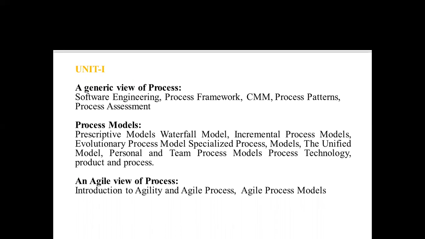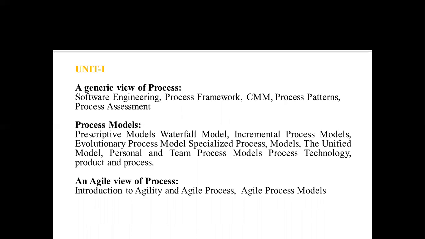You're going to learn the software engineering process framework, the CMM model, and process patterns. Within every process you're going to have different patterns, that is, different techniques that can be used to achieve a particular software. Then process assessment, how you're going to assess a particular process. This is the first chapter that we'll be covering.